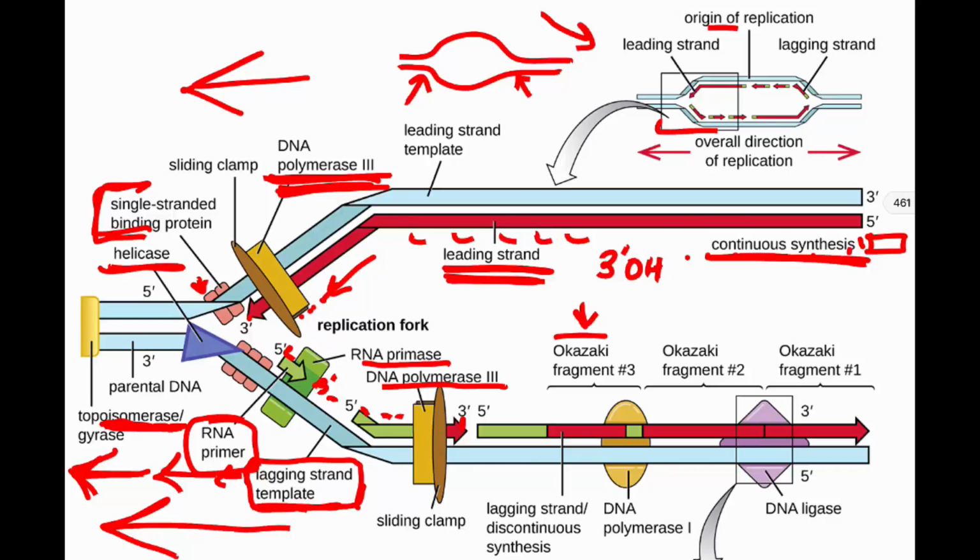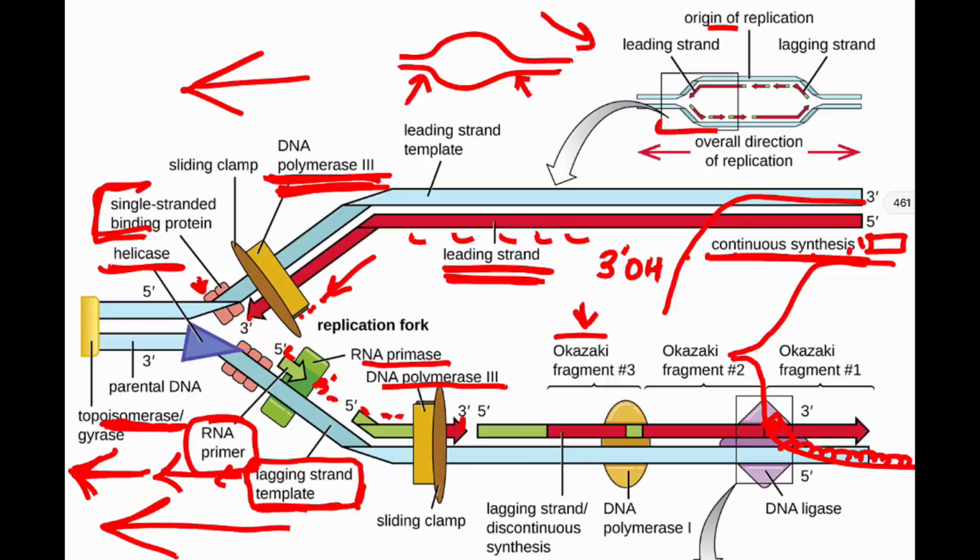If we imagine for a moment, I'm going to try to draw on this. We'll start down here. If our replication fork was here to begin with, then we would have had our primer attached here, and then DNA polymerase III adding nucleotides as we go along this way in the 3' direction.